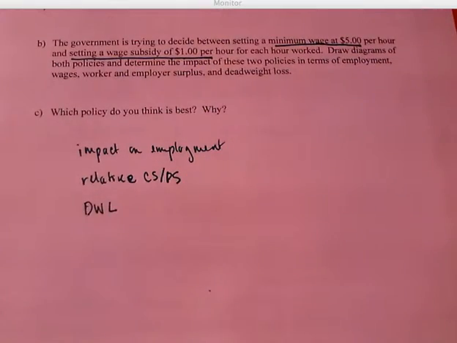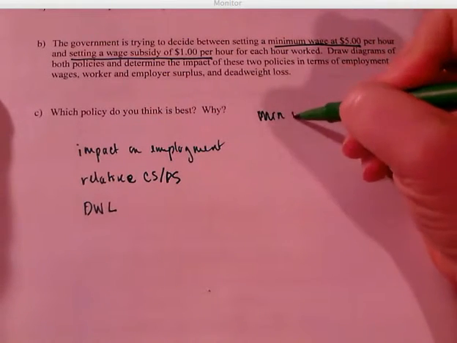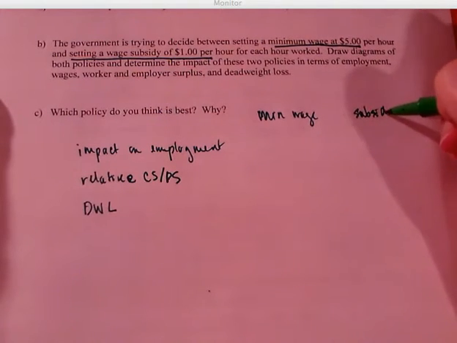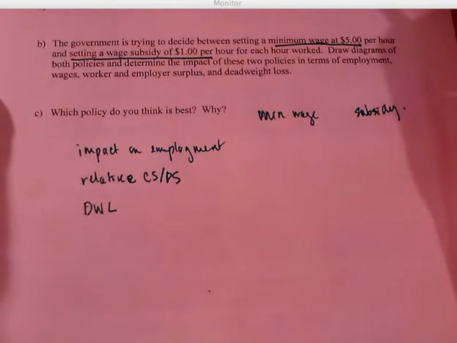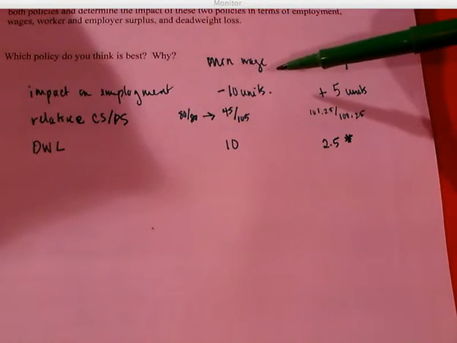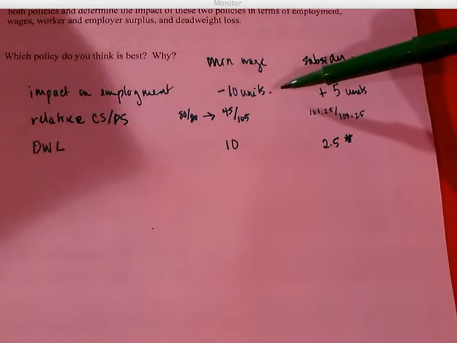Okay, so let's think about the minimum wage and then the subsidy. Okay, so for minimum wage, the impact on employment is to decrease the number of units employed by 10.